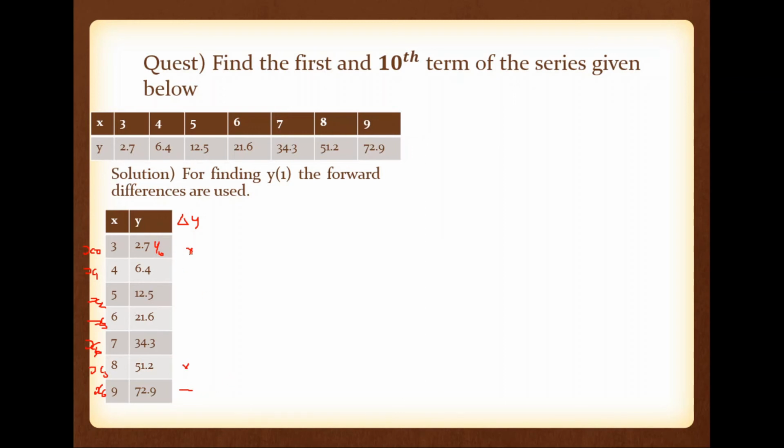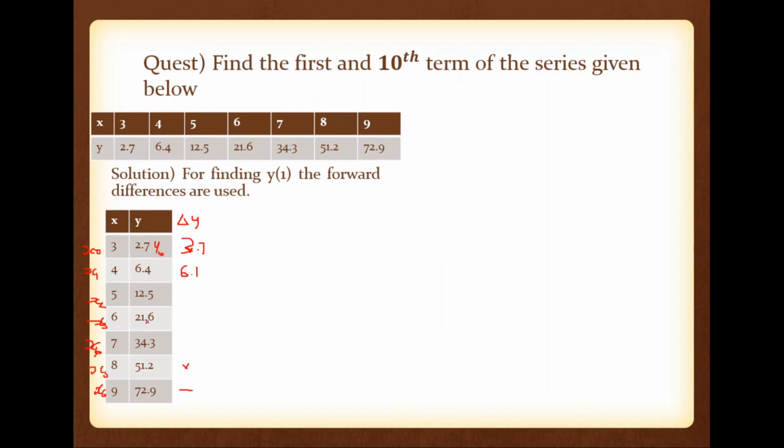So what is first difference? Next one 6.4 minus 2.7, that is 3.7. So first one is 3.7. What is next one? 12.5 minus 6.4. So 6.1, that is the difference.